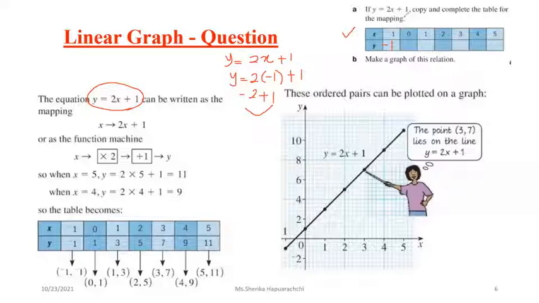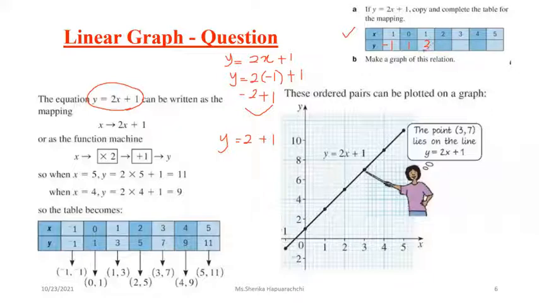Now here by looking even, I can identify when x is 0, 2 times 0, it's 0, 0 plus 1, I'm getting plus 1 or just 1. Then we can apply again y equals 2 times x. So 2 times 1, 2 plus 1, 3.